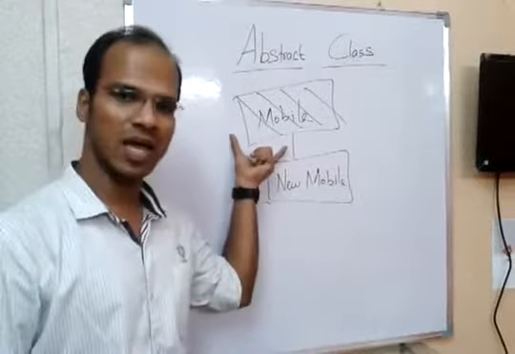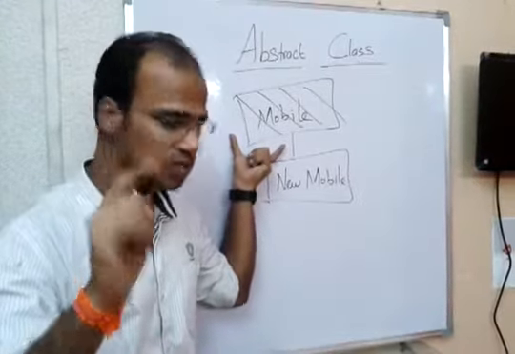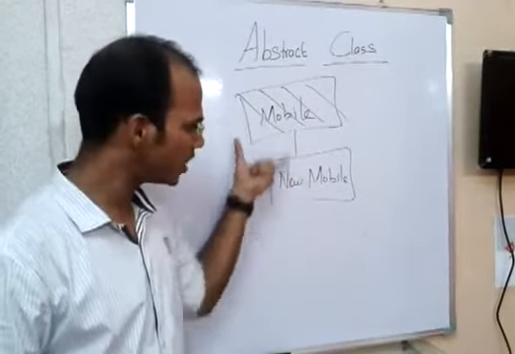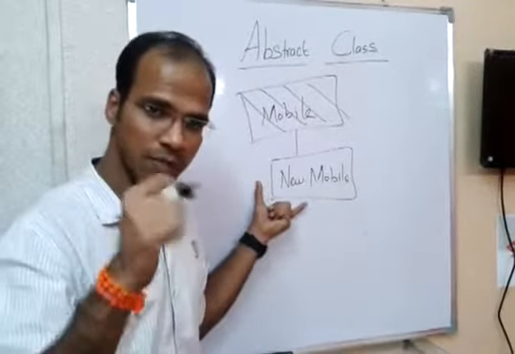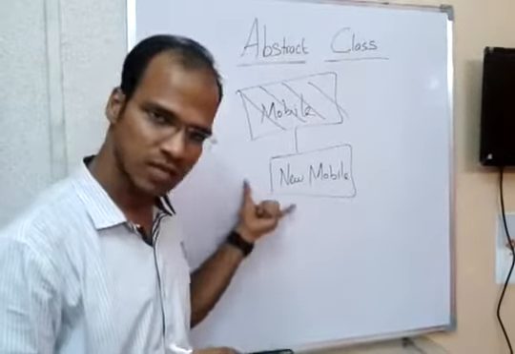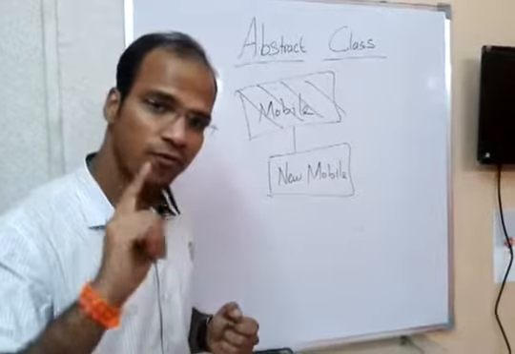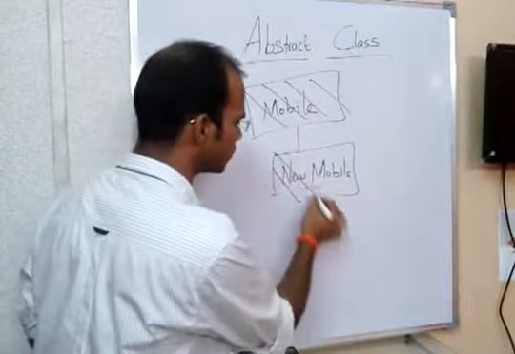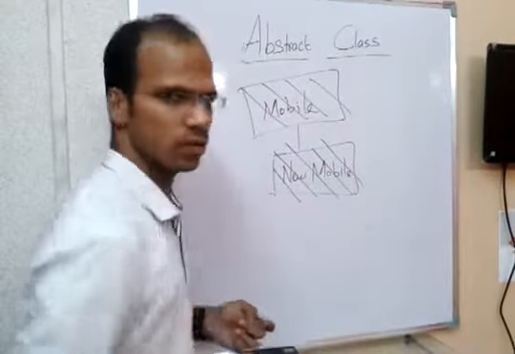Now in this Mobile class you have one abstract method called front light. If you extend this abstract class in this class, you have to define the front light method in this class. Now if you fail to define that method, this class also becomes abstract.